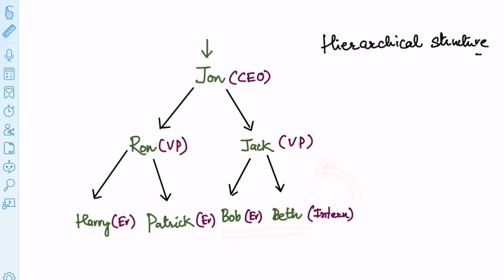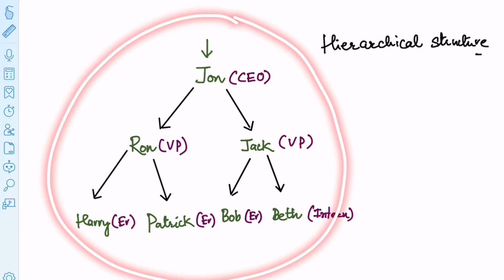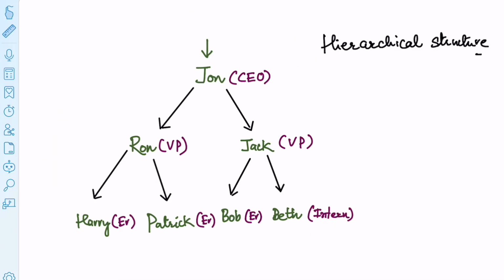If you see, this is a fictional company and we are able to represent the complete hierarchy of the company. So this is an example where we can use a tree as a data structure. Similarly, the files that we store in our operating system are stored in a tree data structure.